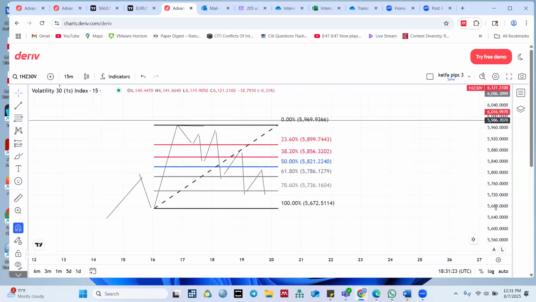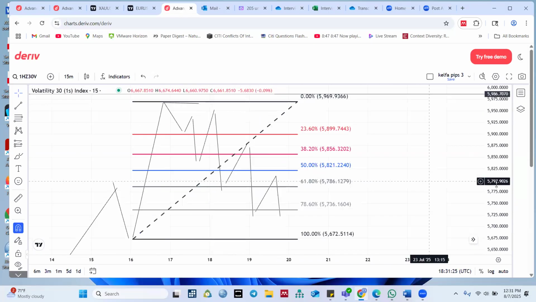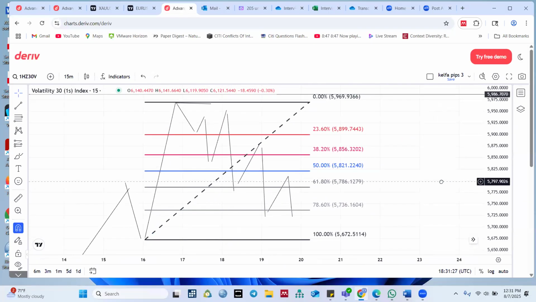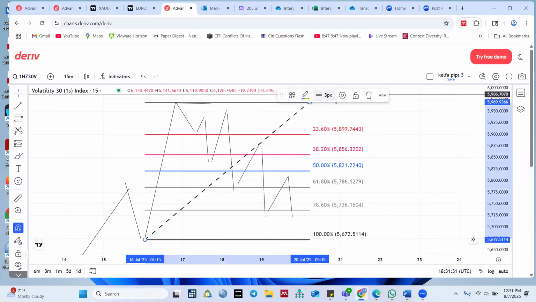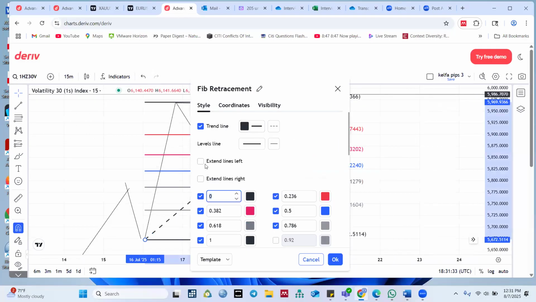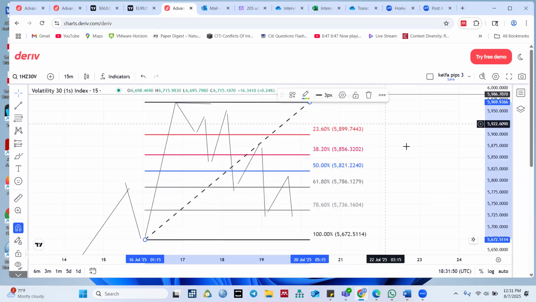With the fib, you can set your own parameters or numbers. You can go to settings, click on it, we have settings here and you can set. But for my own, what I'm using is 23%, 50%. The most important is 50%, 61.8%. Those are the most important.